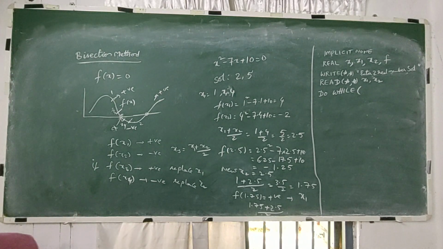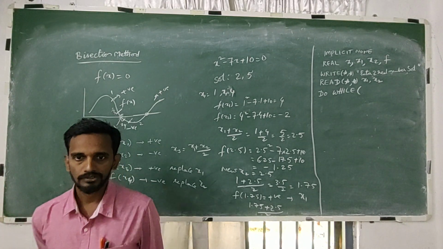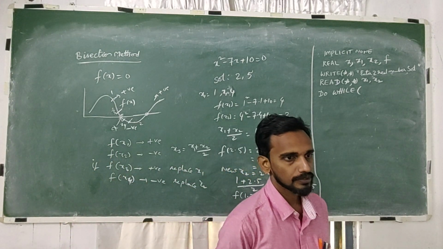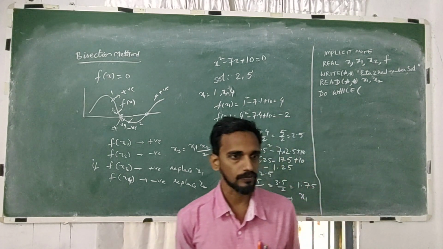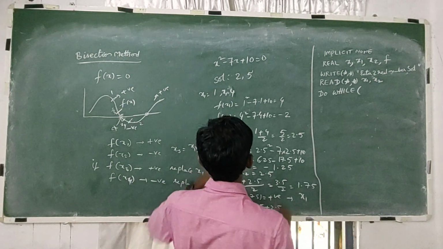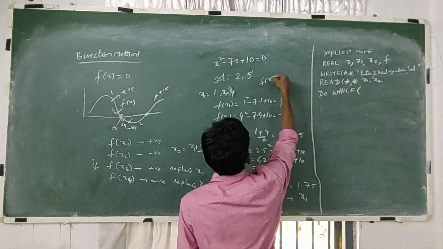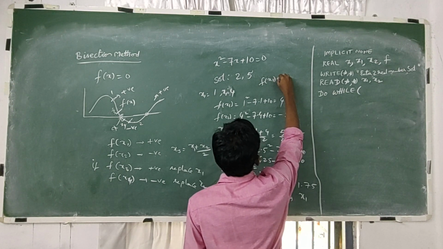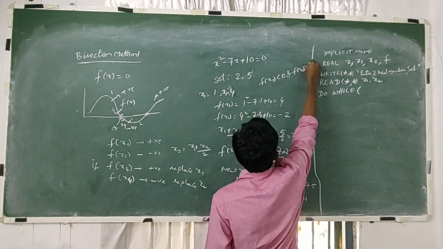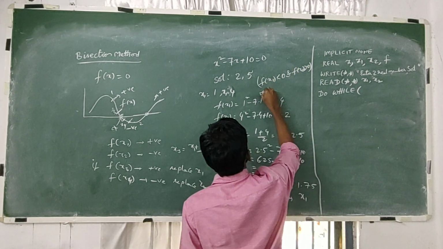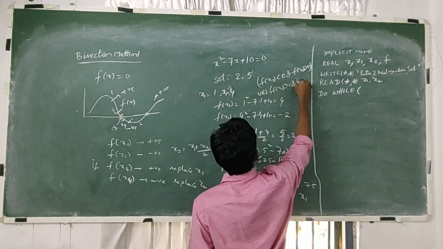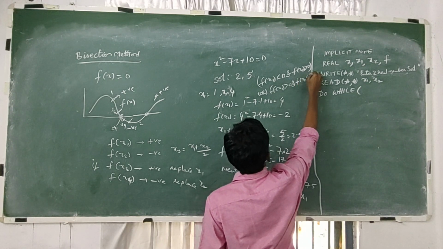That requires 4 times function calls. We need to call the function for 4 times. And we have 3 logical operations. Right? So the condition is f of x1 less than 0 and f of x2 greater than 0, or f of x1 greater than 0 and f of x2 less than 0.